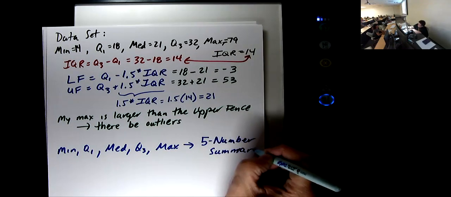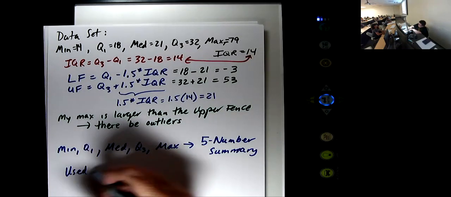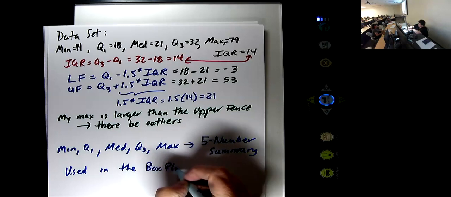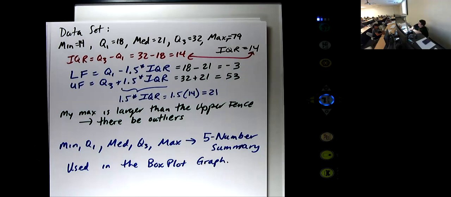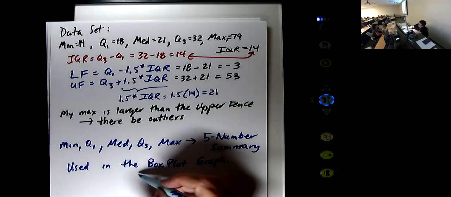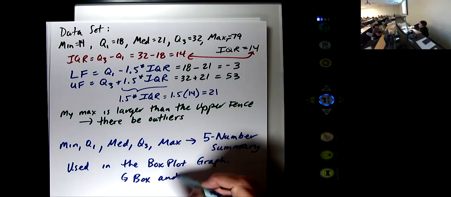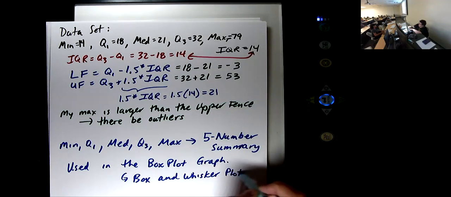And we use them in the box plot, which is a graph. Sometimes the box plot is called the box and whisker plot, as you'll see why in a second.